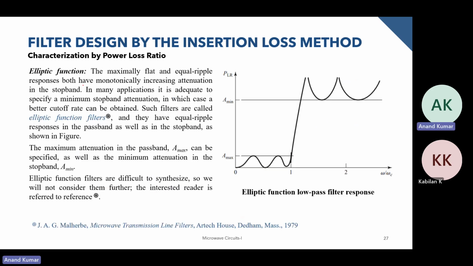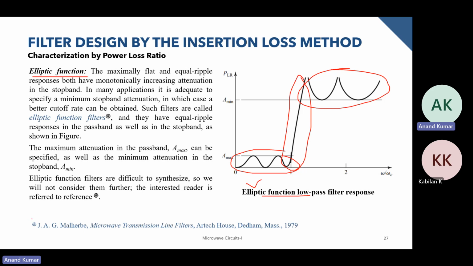Now, the other kind of filter which is popular is the elliptic function filter, which has ripples in both the pass band and the stop band, and has a very sharp cutoff. But the design of the elliptic function low pass filter is usually complex, and we won't go into it.